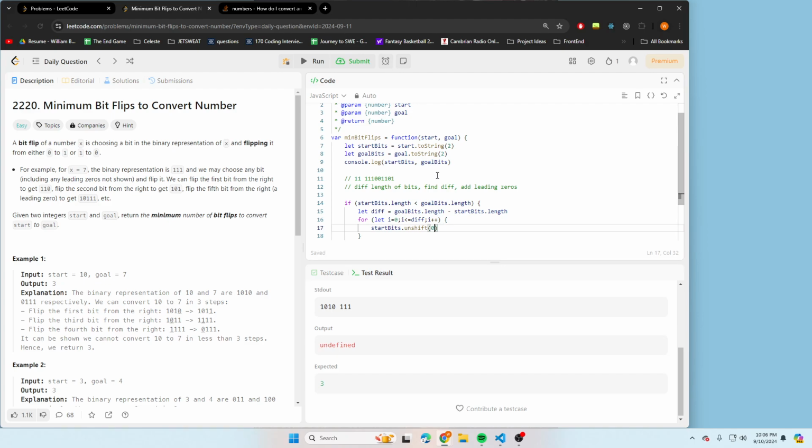If this is a string, I just do it as well.